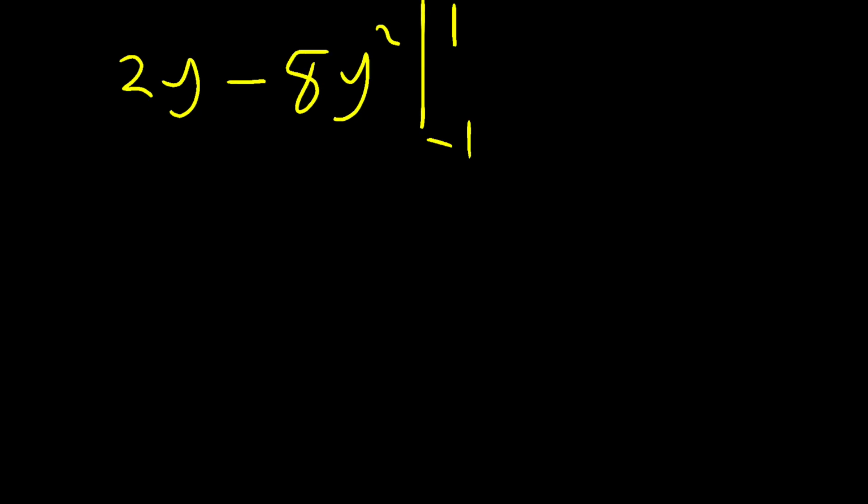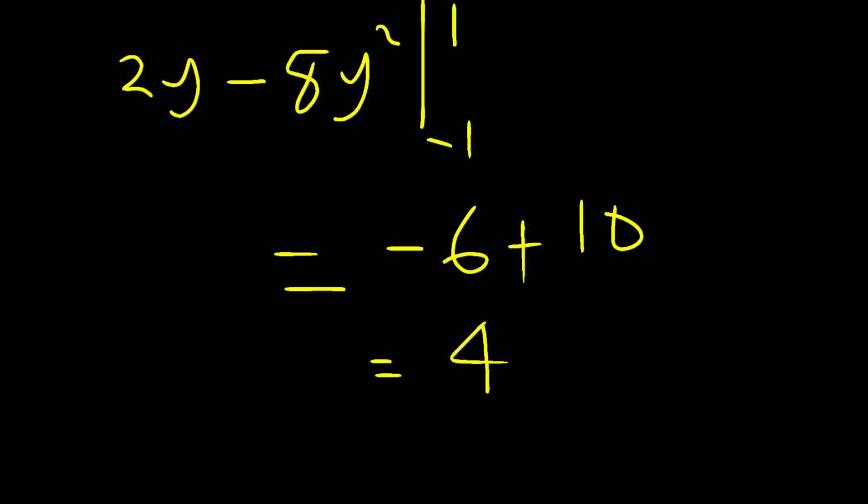If you substitute this, you'll see that we are getting -6 plus 10, which is basically 4. But remember, we are finding the area bounded by this function, so this will be 4 square units.